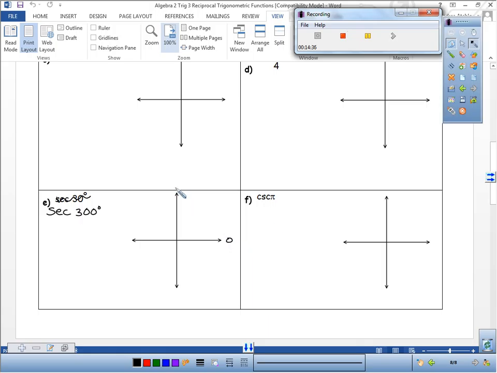We're going to go 0, 90, 180, 270, and then 360. So 300 is going to be kind of over here.